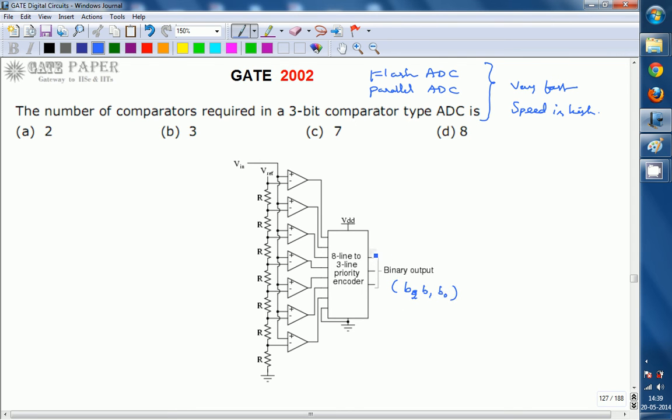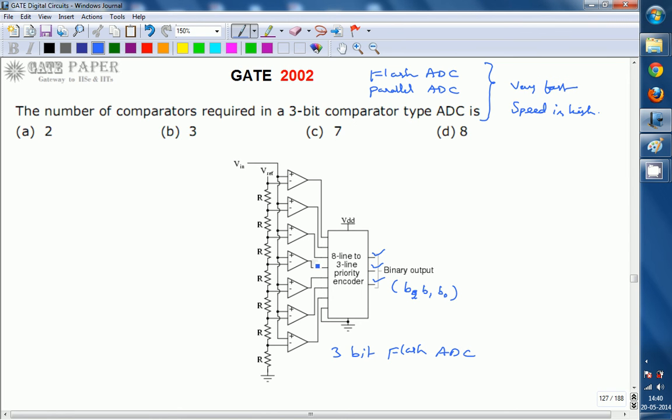There are 3 lines, so it is treated as a 3-bit flash type ADC. If the analog input were represented in 8 bits, it would be an 8-bit comparator type ADC.